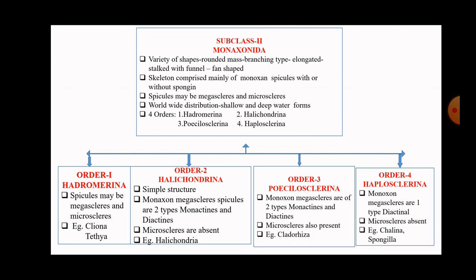Example: Clathria. Order 4, Haplosclerina. Monaxon megascleres of one type called diactines are present. Microscleres are absent. Example: Chalina, Spongilla.